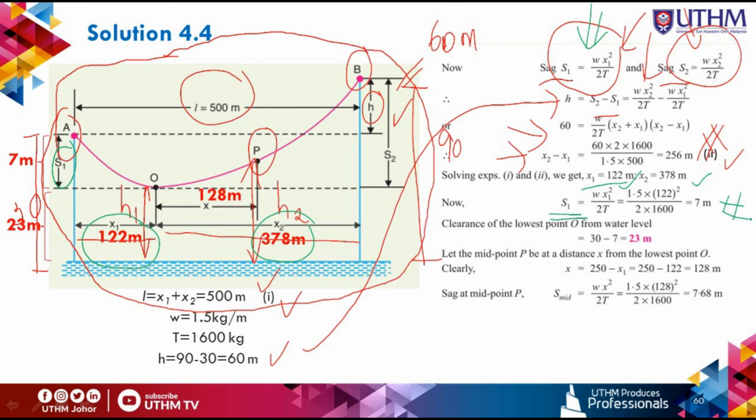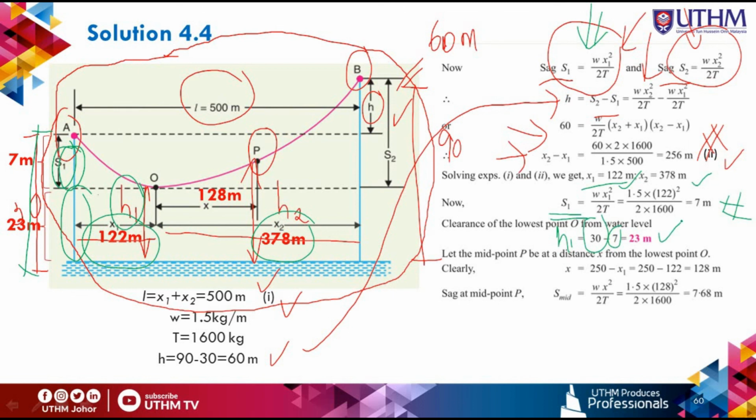In order to calculate the clearance of the lowest point O from water level, which is H1, you have to take the height of the tower, which is 30 meters, and subtract sag 1, S1, which is 7.